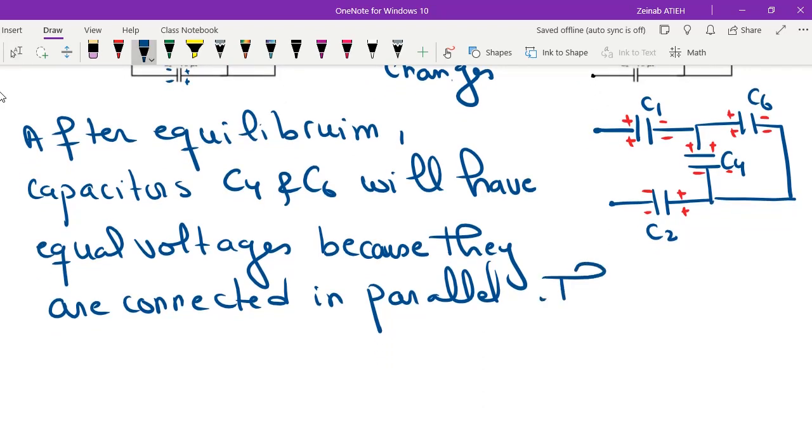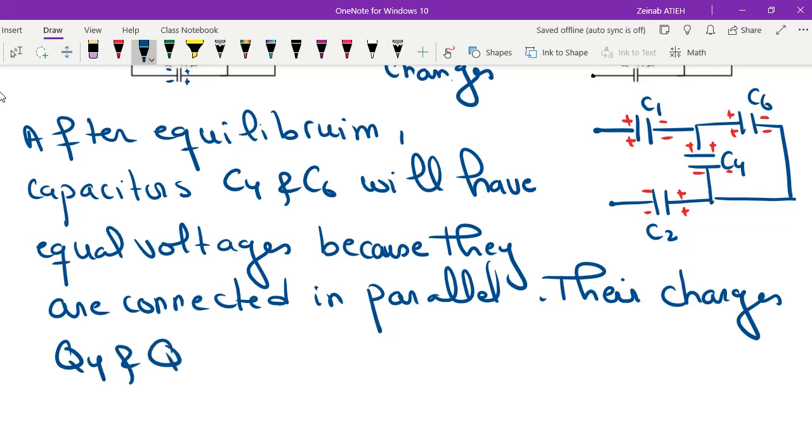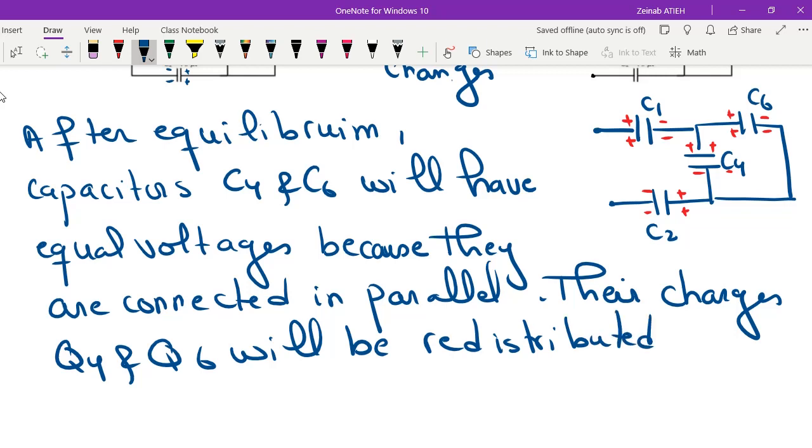Their charges Q4 and Q6 will be redistributed to them. اوكي رح نرجع نعمل redistribution للتشارج.